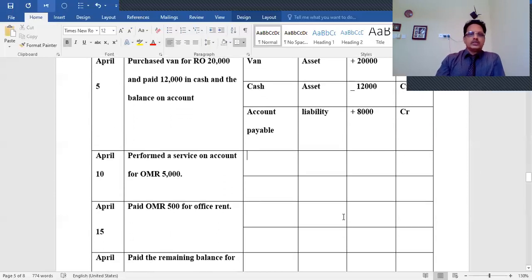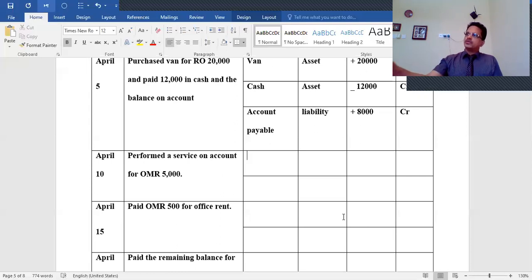Performed service on account. You performed a service or sale of goods or service, whatever it may be, it is your income. So you performed service on account, but money has not been received. Service has been performed and money has not been received. So cash is not coming in, because money has not been received.